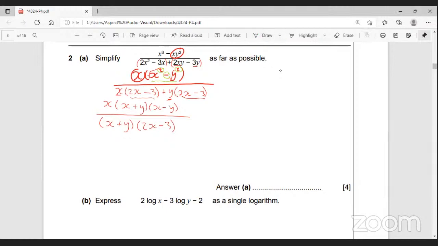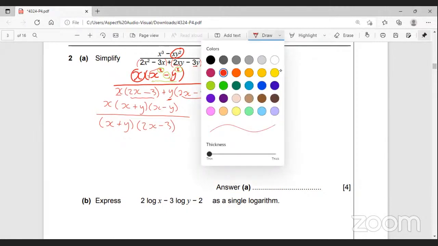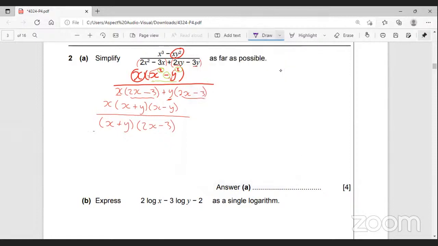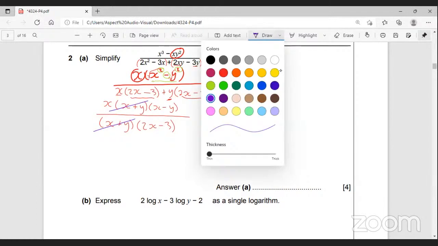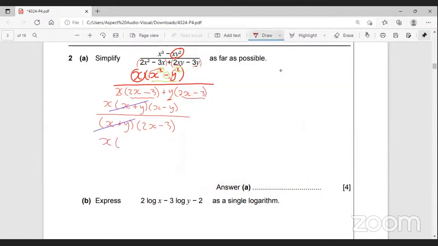Now, when you look at this, what is going to cancel out there? It's going to be x plus y. Therefore, these will cancel out with it. So what is remaining is just x, and then x minus y, and then the down one is actually 2x minus 3.